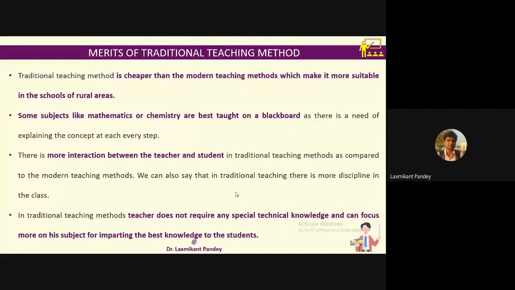This is also a very important merit of the traditional method, which is lacking nowadays when teachers go for IT integrated teaching methods. In that, the teacher is not that comfortable, so he's not able to deliver the appropriate information to the students related to the subjects. Okay, next.